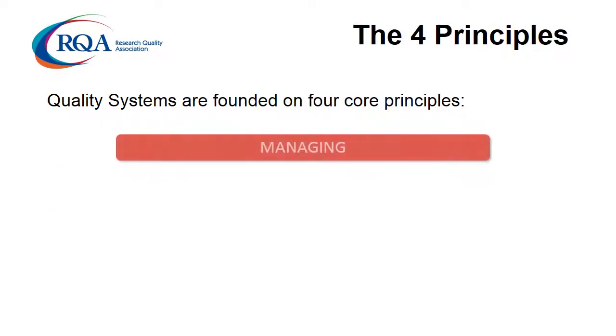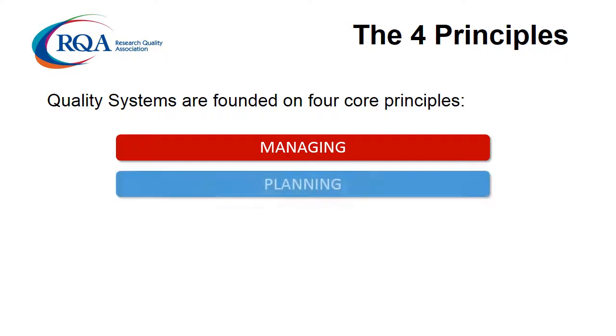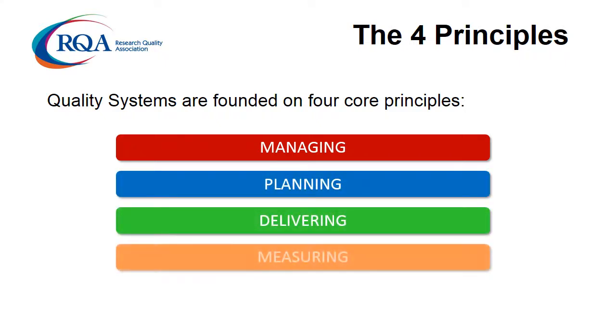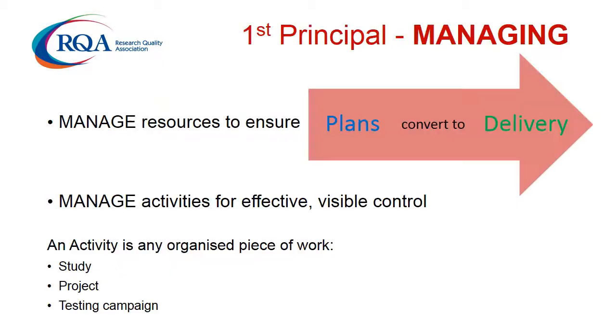Quality systems are founded on 4 core principles then: managing, planning, delivering and measuring. The first principle is managing. Organisations must manage their physical and human resources to ensure that plans can be converted to delivery.